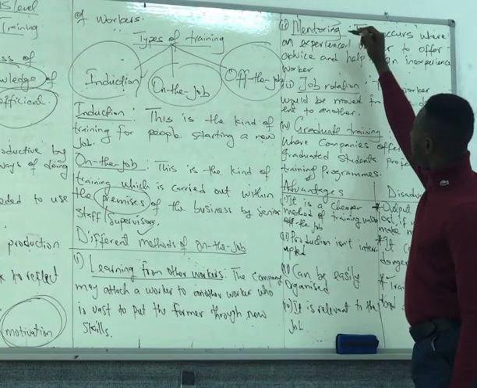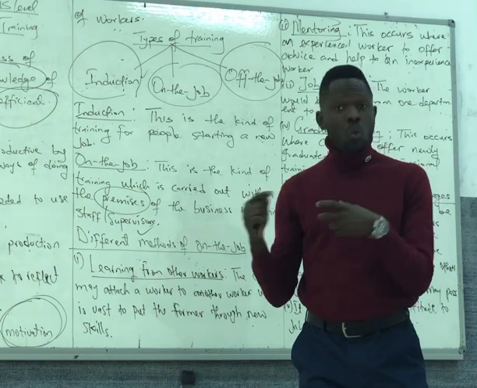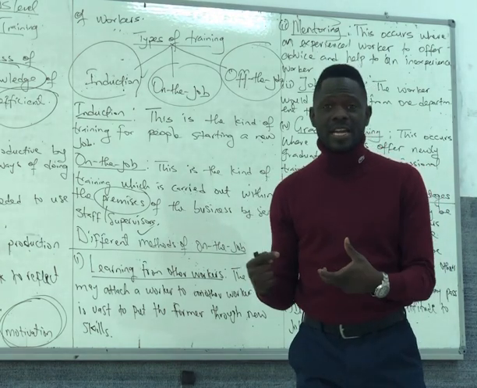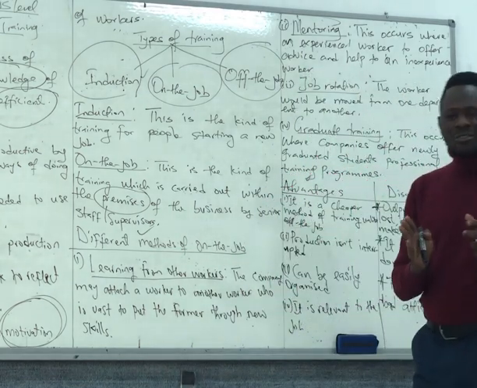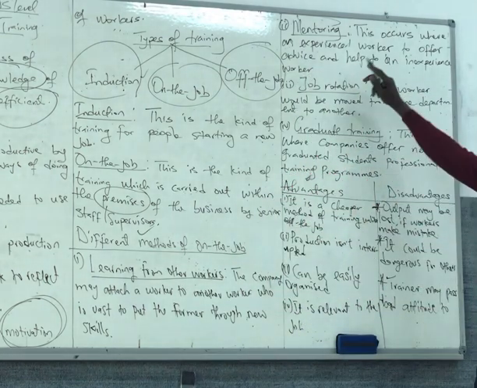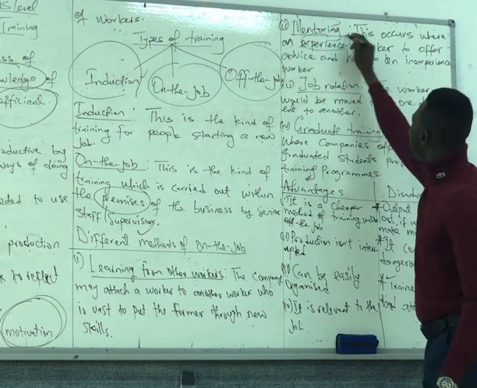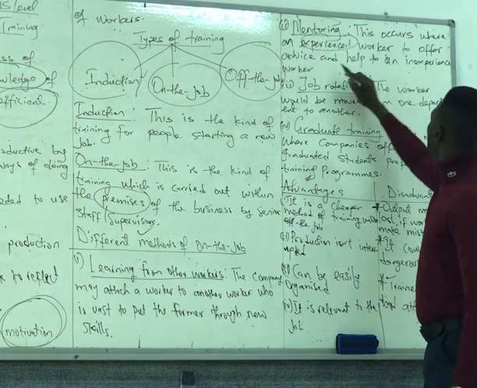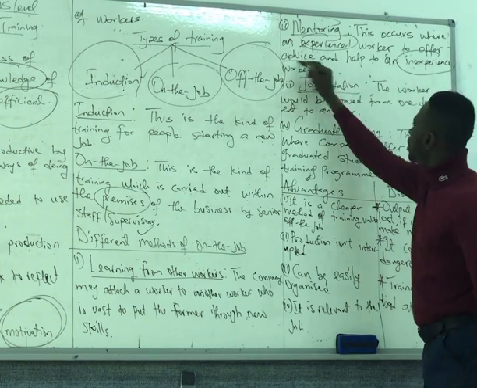Two, mentoring. When we talk about mentoring here, you're going to have a co-worker who is experienced, then he's going to advise and help you out before you get used to the system. So look at what I wrote here. These are those where an experienced worker offers advice and helps an inexperienced worker.